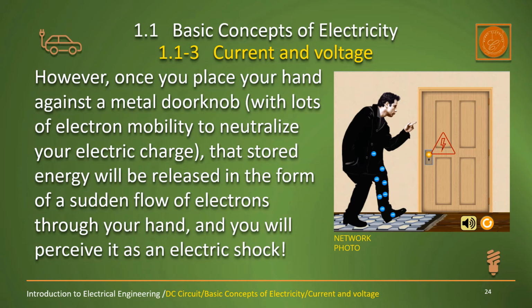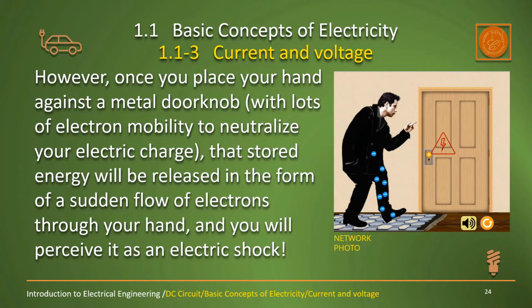However, once you place your hand against a metal doorknob, with lots of electron mobility, to neutralize your electric charge, like the picture shows, when your hand touches the doorknob, that stored energy will be released in the form of a sudden flow of electrons through your hand, and you will perceive it as an electrical shock, because a lot of the electrons in your body come from the carpet.